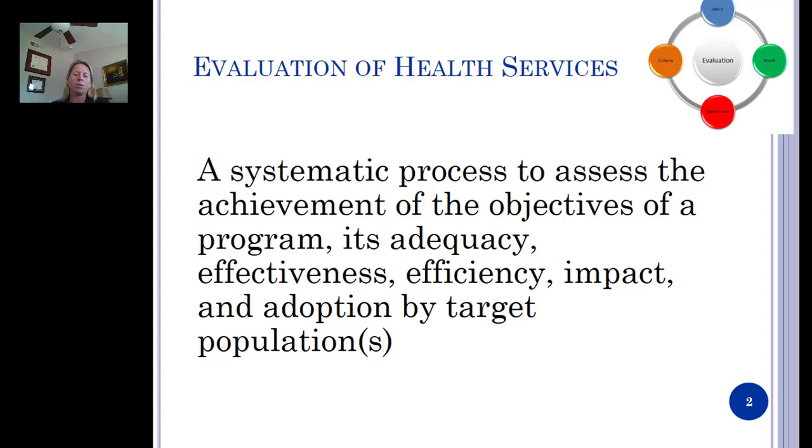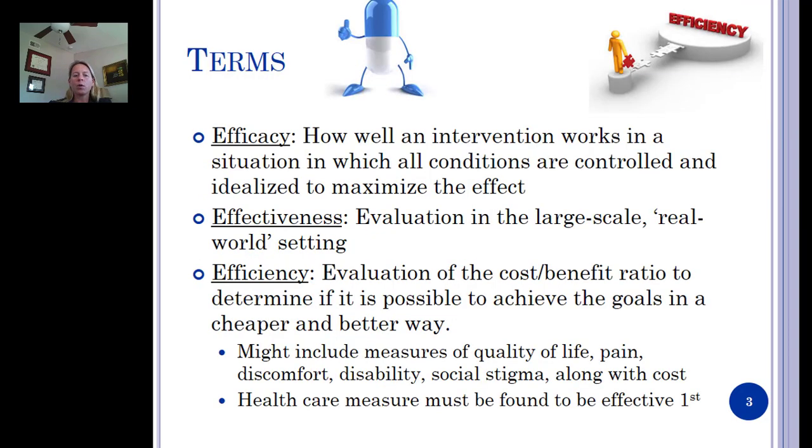So, for example, a large health insurance provider may decide to implement some specific program for its beneficiaries for weight loss. When doing that, then the health insurance provider would want to assess how effective that program was once they implemented it.